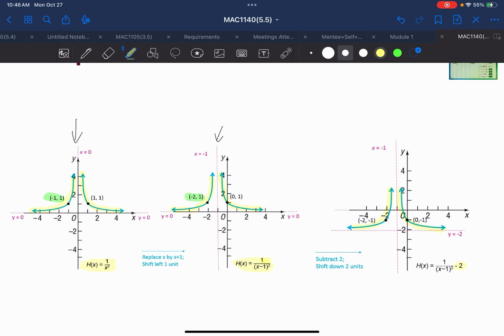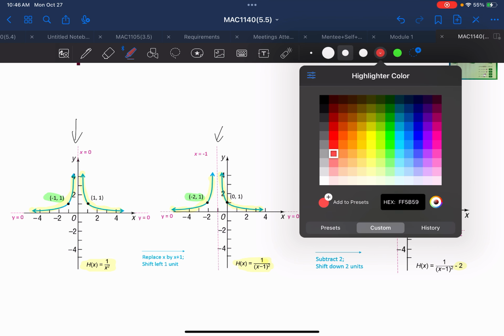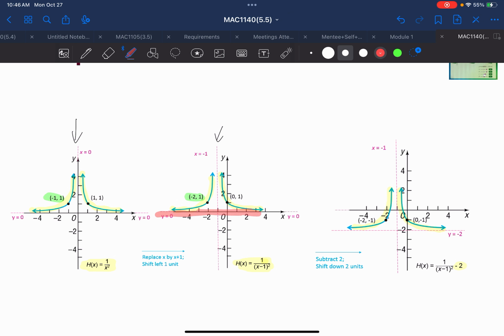Our vertical asymptote will stay the same, but now our horizontal asymptote, that line that we said y will never approach. We don't have any x-intercepts. Well, now we will, because I'm moving this entire graph down 2 units. Before, we had like this invisible line here where our graph would never cross.